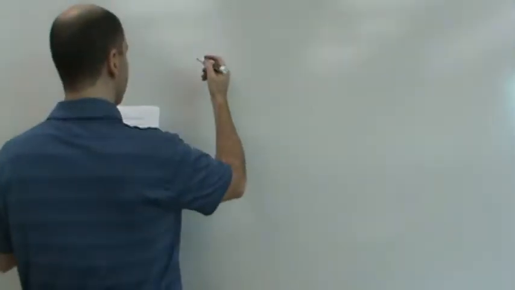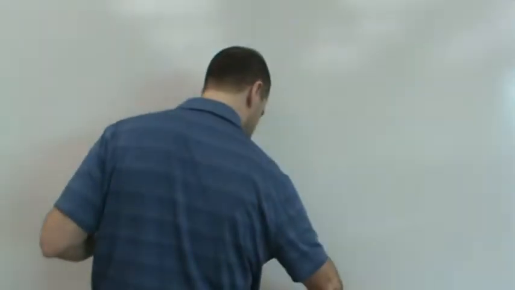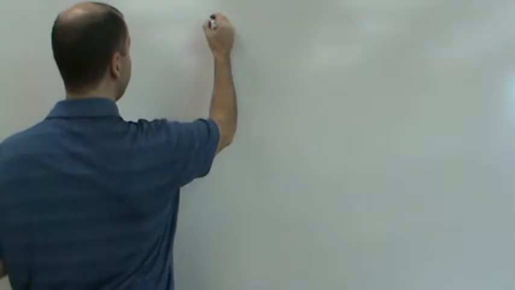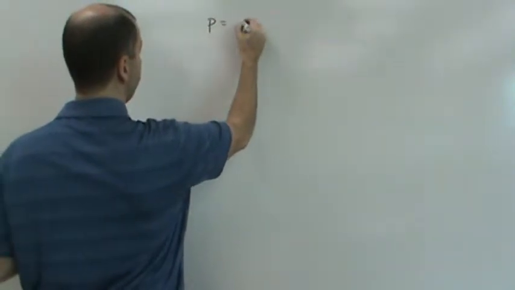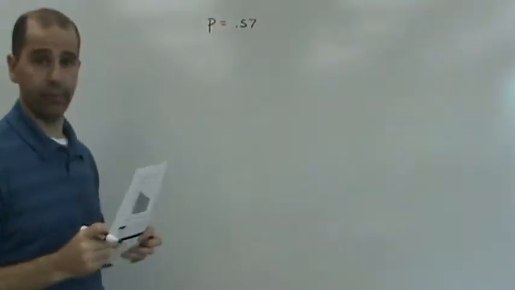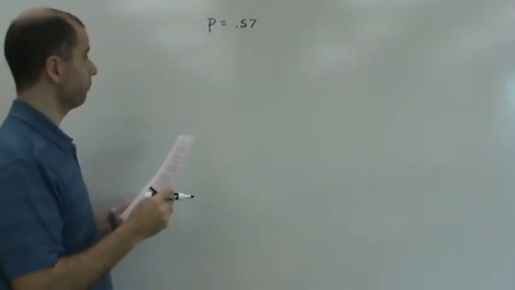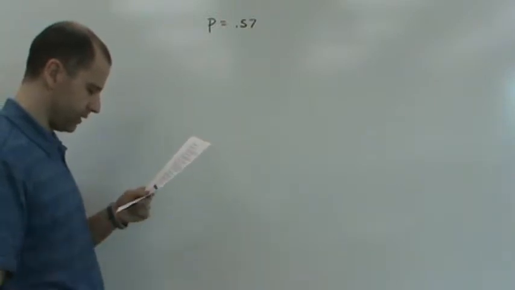Okay, so now, here's what we have. P is equal to 0.57. Now, what else do they tell us there?